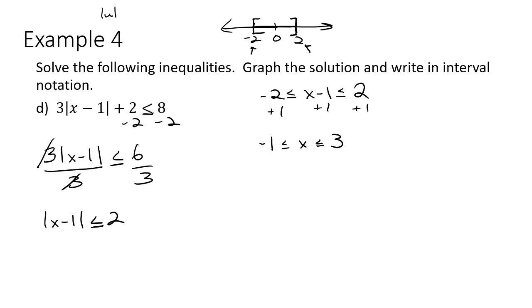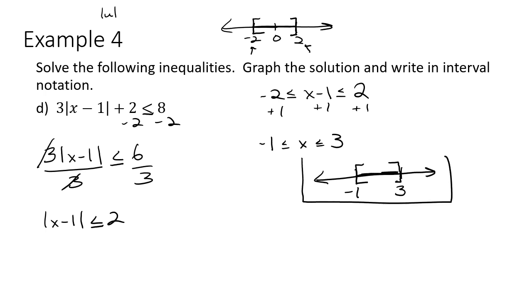To get -1 less than or equal to x, which is less than or equal to 3. Endpoints included this time. All the stuff in between. So this would be the closed interval from -1 to +3.